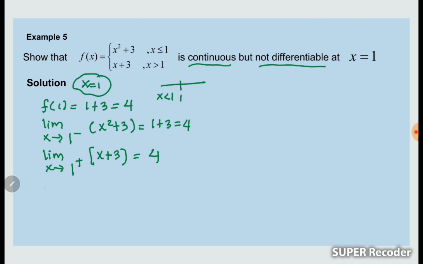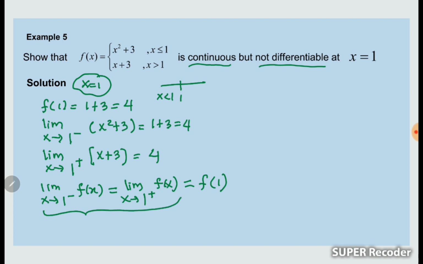So we see here that the limit when x approaching 1 from the left for the function f(x) is equal to the limit when x approaching 1 from the right, and also equal to f(1). When you write this expression, the limit from the left equal to the limit from the right, it only shows that the limit exists.